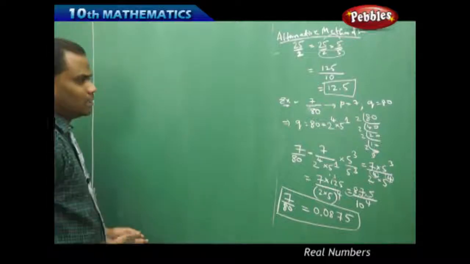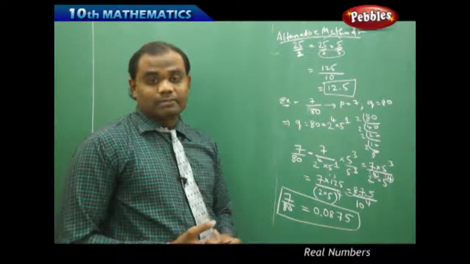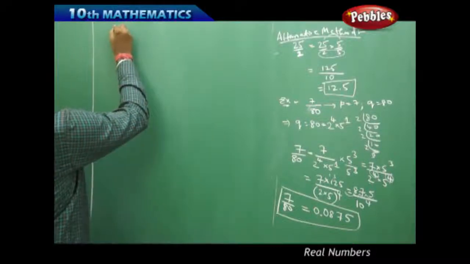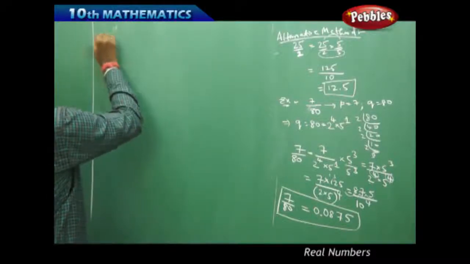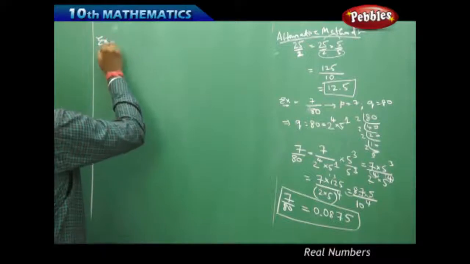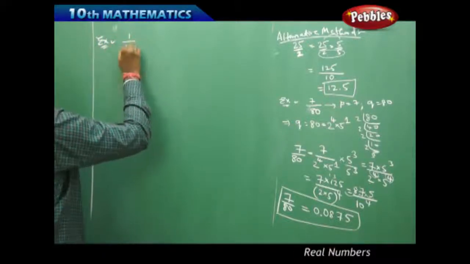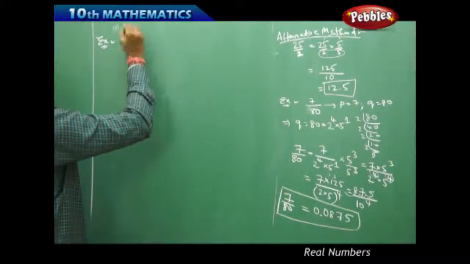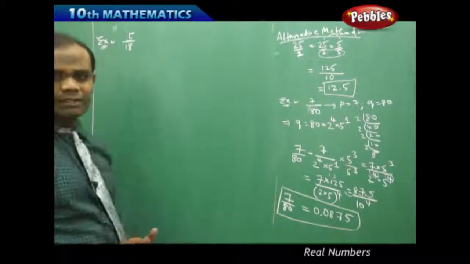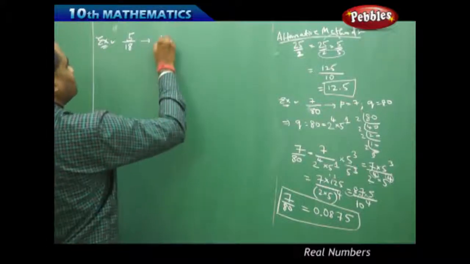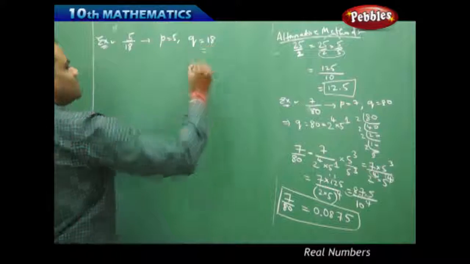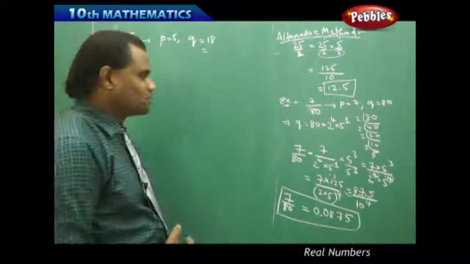So let's take an example problem where the decimal is non-terminating. So for example, I take 5 over 18, which is clearly understood with p as 5 and q as 18, and immediately I want to express this as powers of 2 and 5.